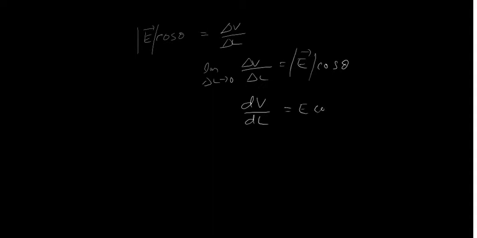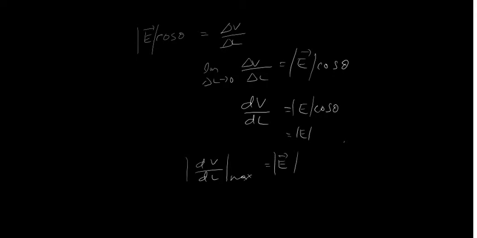So when it becomes exactly mod E, at a particular condition, this will become mod E only. Or we can say in other words, what is the value of dV by dl maximum? dV by dl max will be available when E is maximum or cos theta is maximum, but we don't know, right? So the only possibility is cos theta is maximum.